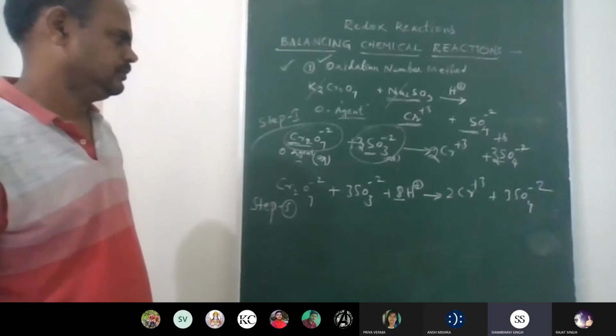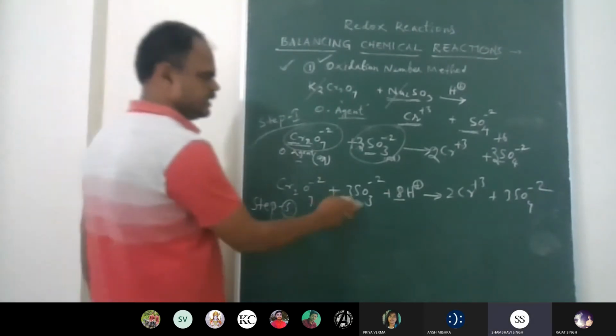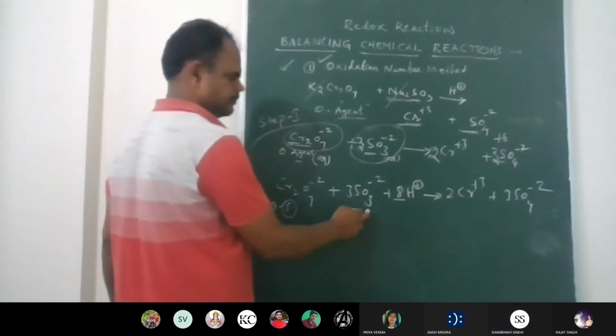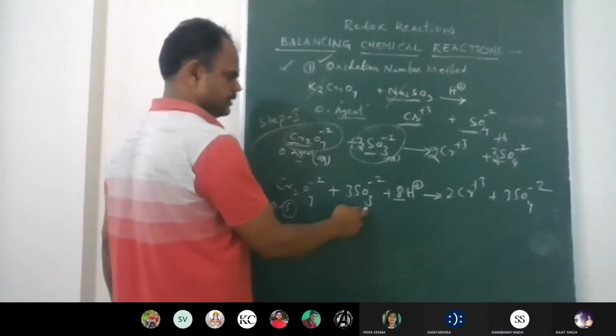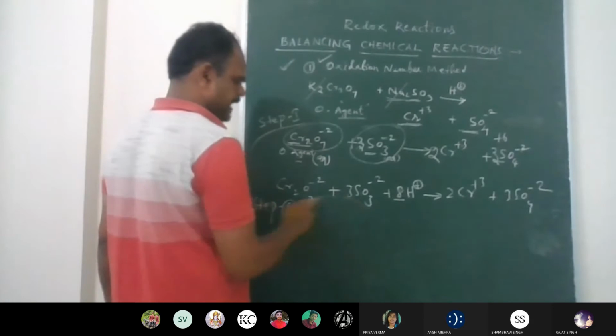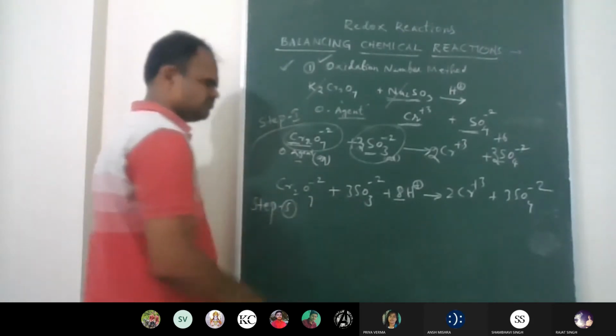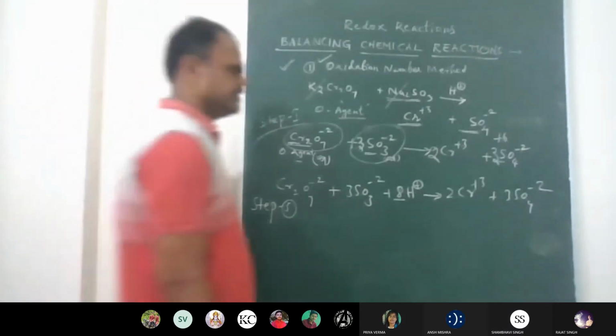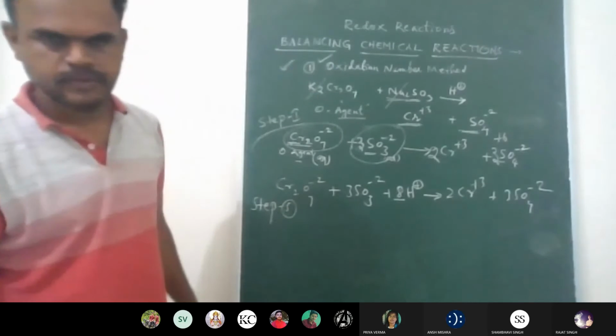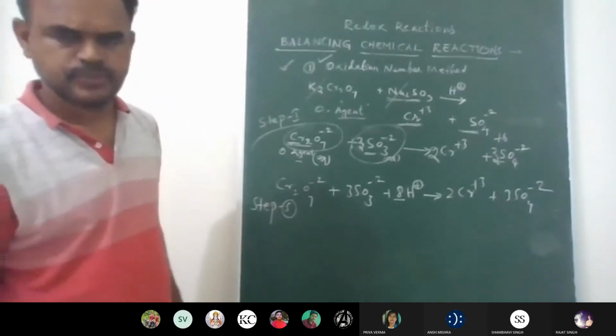The right side is less. 3 into 3, how much? 9. Here is 9, no? 9 plus 7, how many? 16. In the right side, 3 into 4, how many? 12. So how many oxygen should we add?